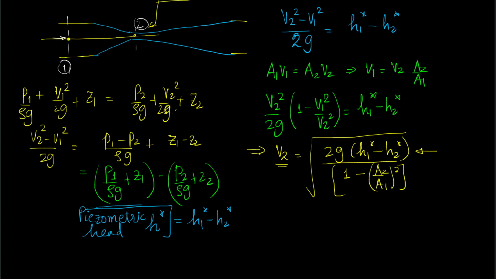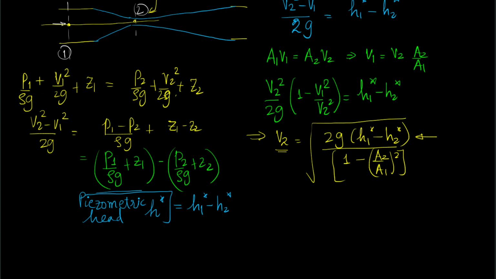So proceeding further, what if we could measure the difference in the piezometric head? So an analog way, nowadays there are various digital ways of doing it, but an analog way of achieving that is by means of manometric tubes connected to various side ports.